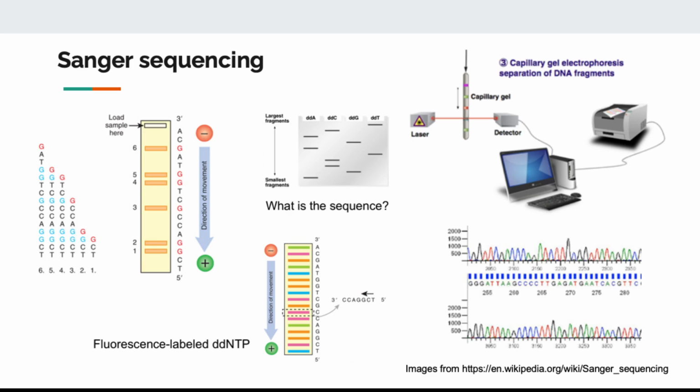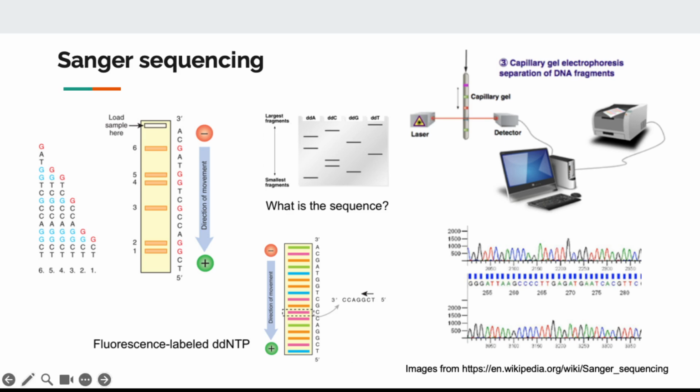Some of you might have seen this in the lab before. It's called Sanger sequencing, the first technique that was invented. Imagine that we introduce regular nucleotides, except for G, where we use ddGTP. So only G doesn't have the hydroxyl group.